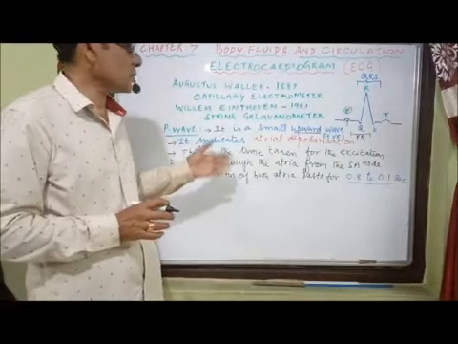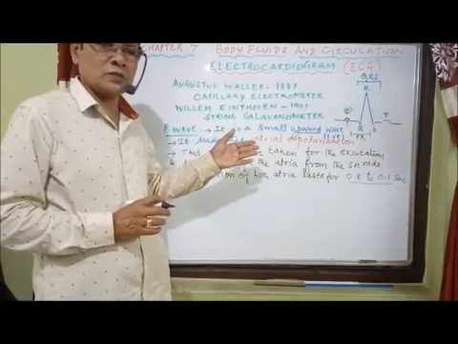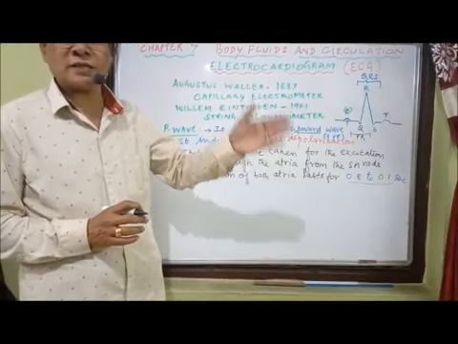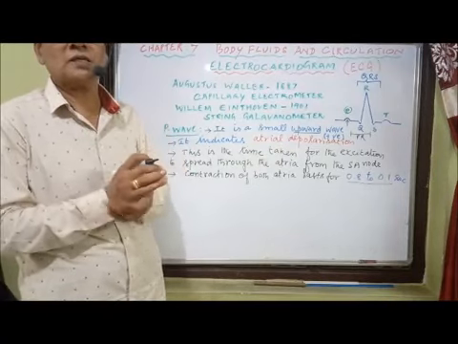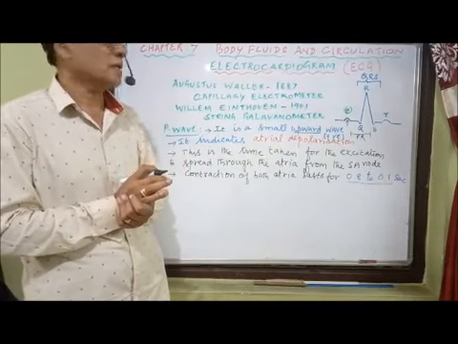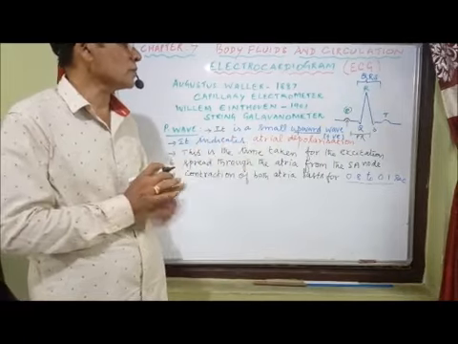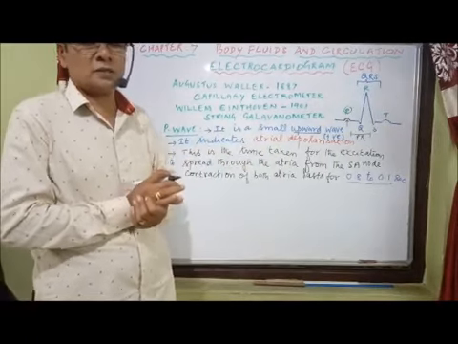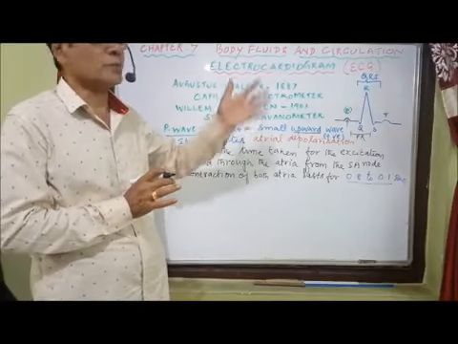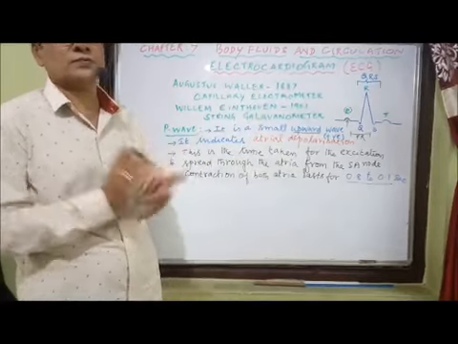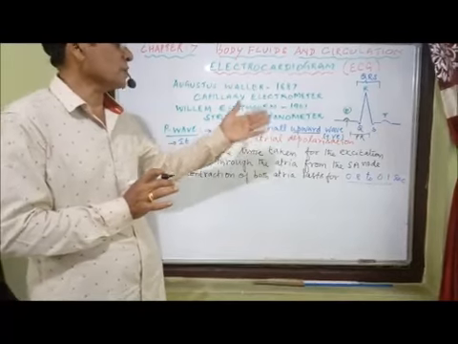The impulses spread from the SA node to the atria and then reach the AV node, atrioventricular node, where there is a delay in the conduction of impulses, and that is indicated by the PR interval. So the PR interval indicates a delay in the AV node, and only then are the impulses passed down.